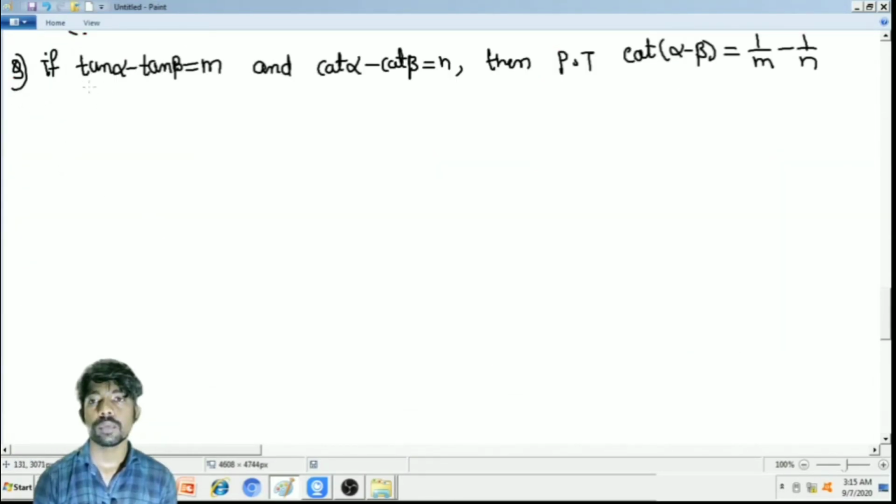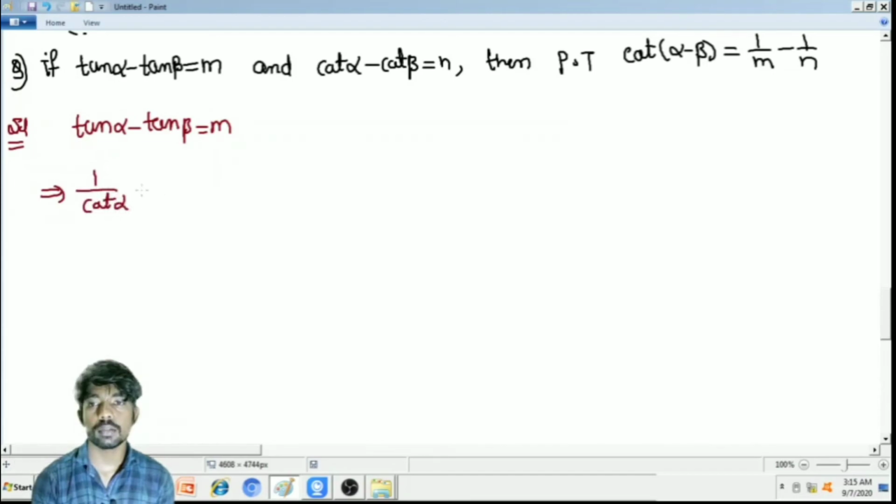Here we have tan alpha − tan beta equal to m, and cot alpha − cot beta equal to n. Then prove that cot(alpha − beta) is equal to 1/m − 1/n. Now, we have the answer in terms of cot only, but the given condition has tan, so I am trying to convert into cot. tan alpha − tan beta is equal to m. Converting, tan alpha means 1/cot alpha, so 1/cot alpha − 1/cot beta is equal to m. Doing the LCM, (cot beta − cot alpha)/(cot alpha cot beta) is equal to m.